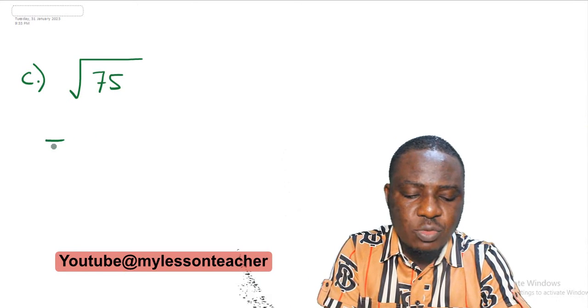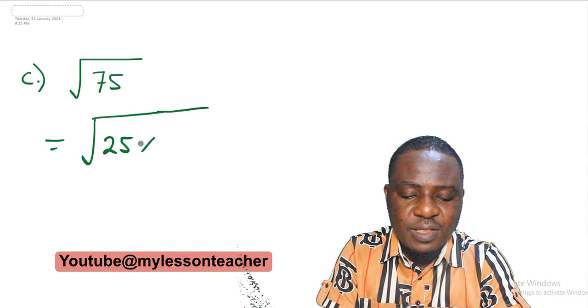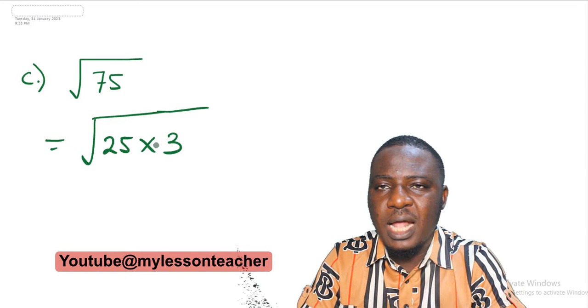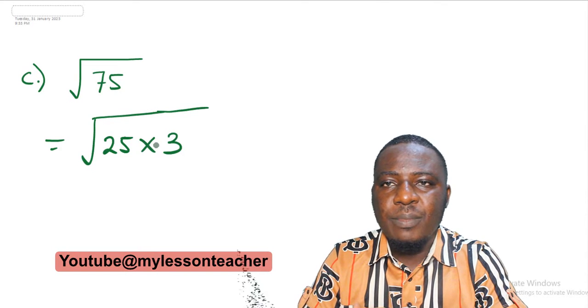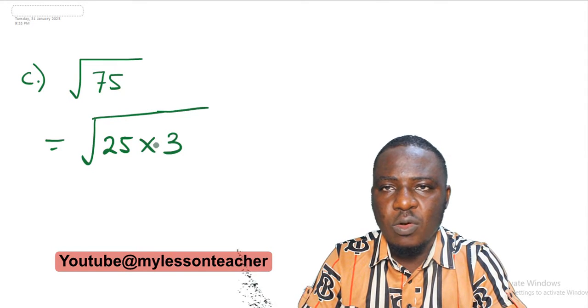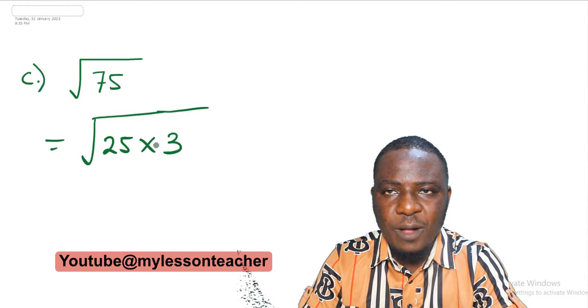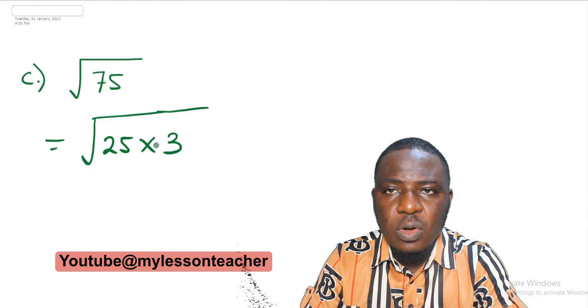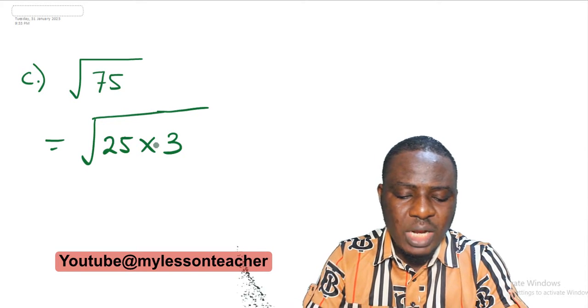And this can be simplified to be root 25 times 3, because 25 is a perfect square and 3 is not. 3 is said to be a prime factor of 75. So always divide that bigger number by a prime factor, and you may likely get the second factor to be a perfect square. So that's how to simplify this.